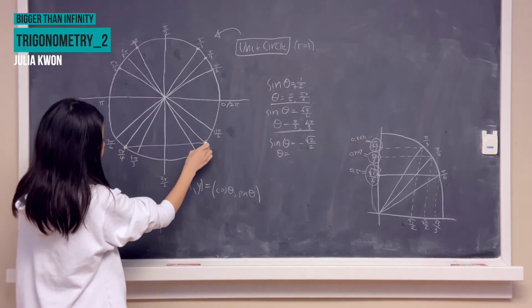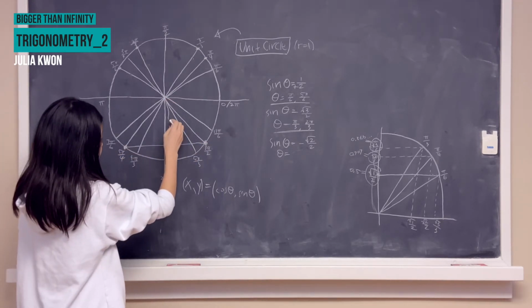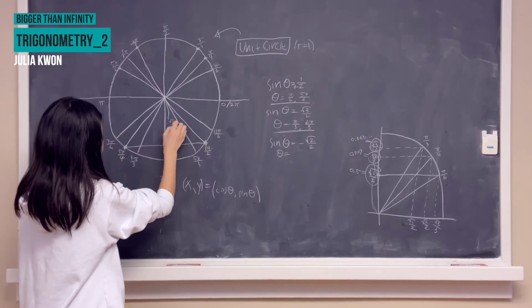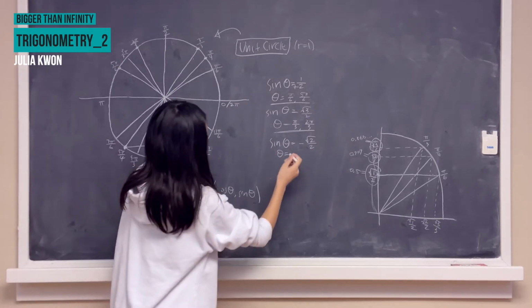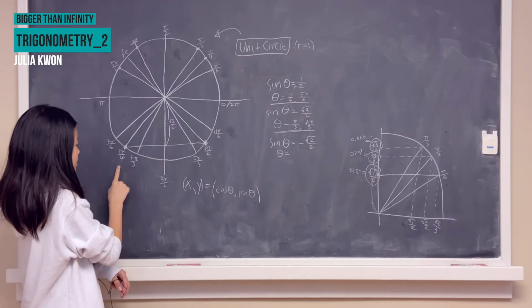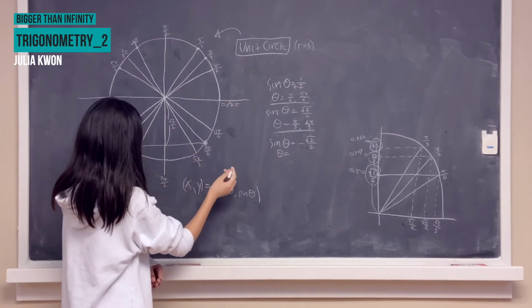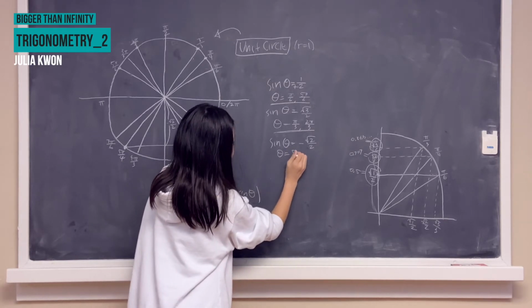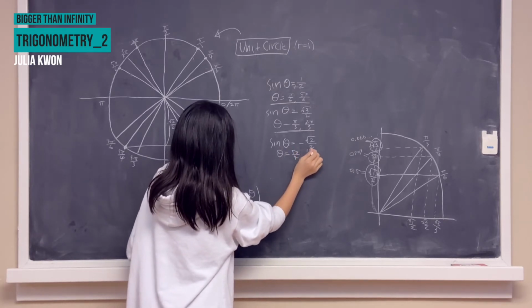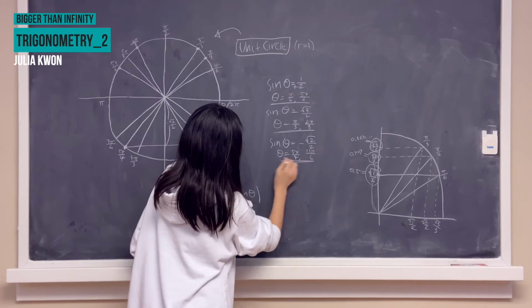So here, and this length is negative square root of 2 over 2. So our 2 radians are 5 pi over 4 and 11 pi over 6.